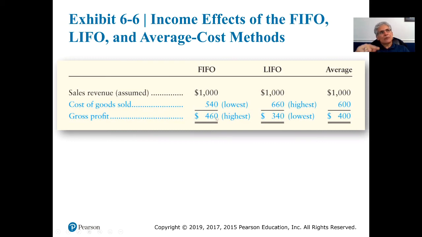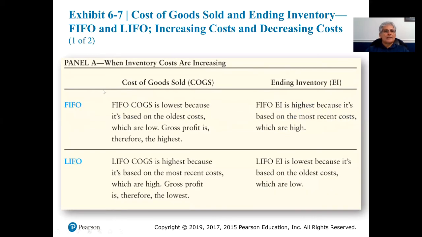Now, why did that work out? In this example that we used, we have to remember this. During periods of rising prices, when the prices are going up, FIFO is going to be generating more income. LIFO will be generating less income. Why is that? The reason is that the cost of goods sold using FIFO is lowest because it's based on the oldest costs, which are lower, generally speaking.